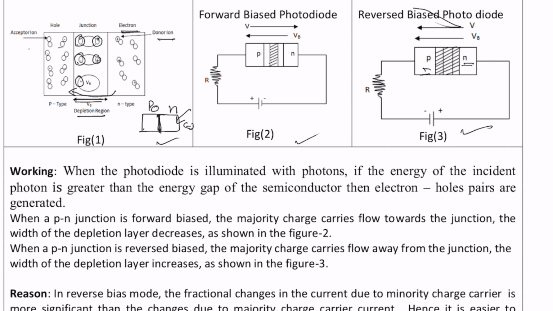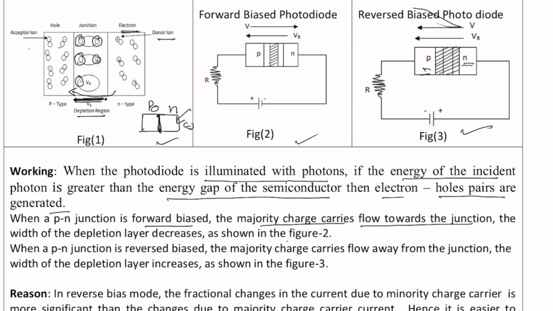When the photodiode is illuminated with photons, if the energy of the incident photon is greater than the energy gap of the semiconductor, then electron hole pairs are generated. Okay, so this is the depletion region. When the PN junction is forward biased, the majority charge carriers flow towards the junction. The width of the depletion layer decreases as shown in figure 2.